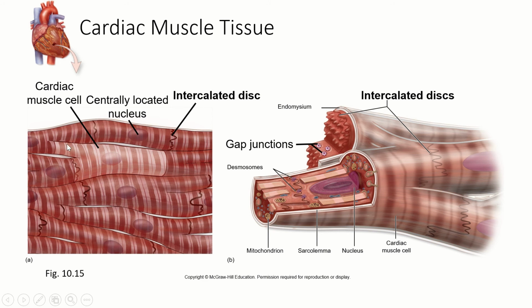This is a magnification of this intercellular area. So you can see they've taken apart the intercalated discs, and you can see all of these gap junctions. So that when one cell becomes electrically excited or its electrical force changes, that goes directly to the next cell.